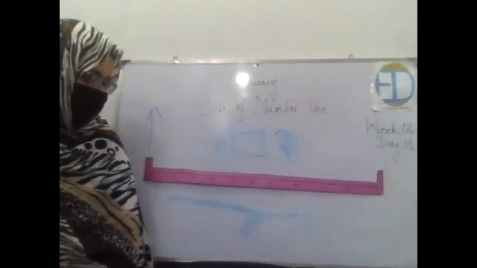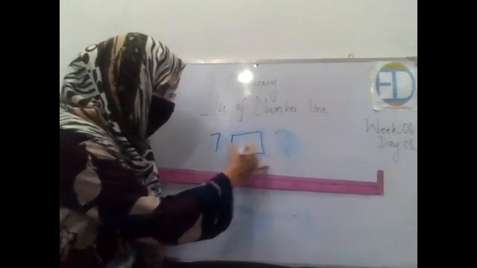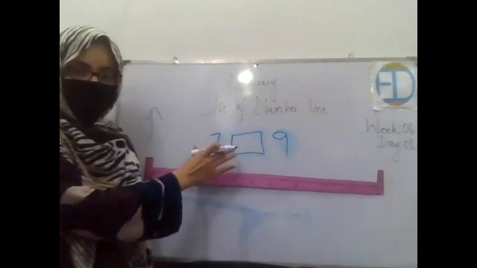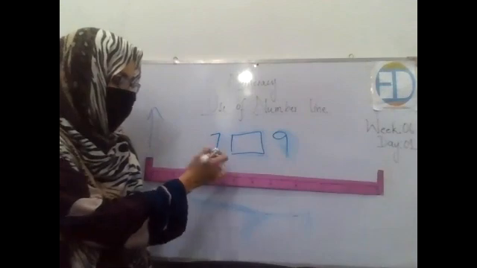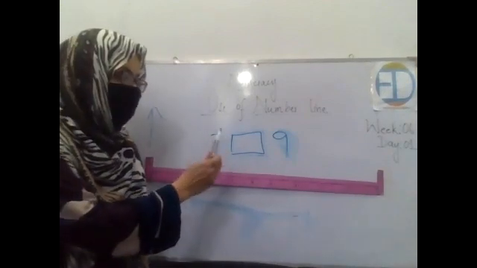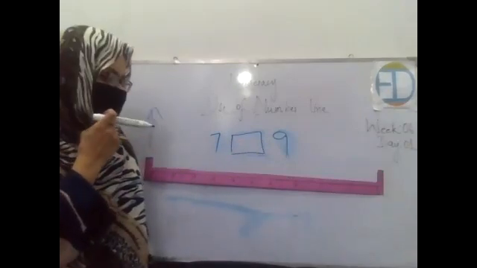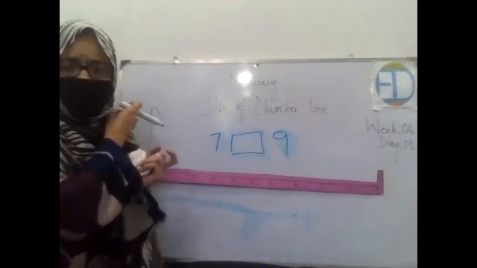Now look at the board again. I told you that there are two numbers and you are supposed to find the missing number. We can pose this question as: what comes in between 7 and 9, right? You have already drawn the number line. Now it is very easy for you to find the missing number.